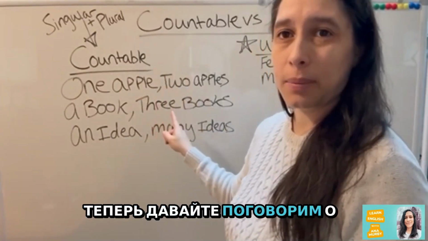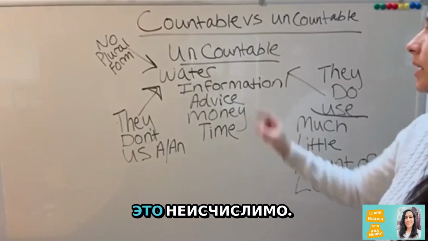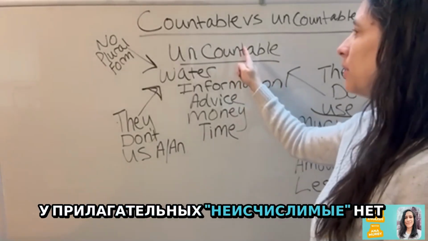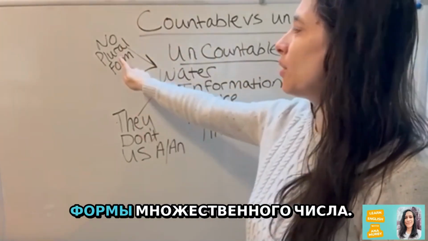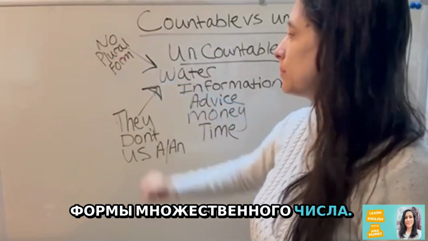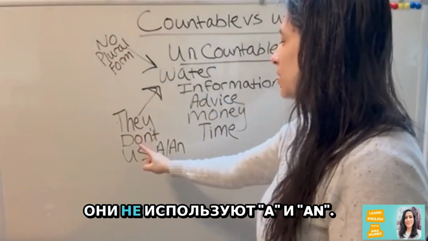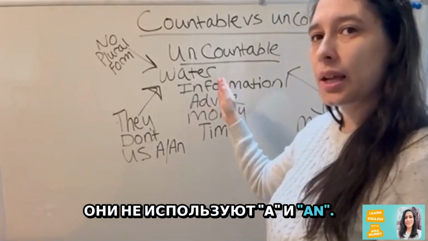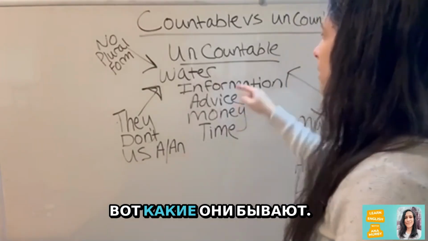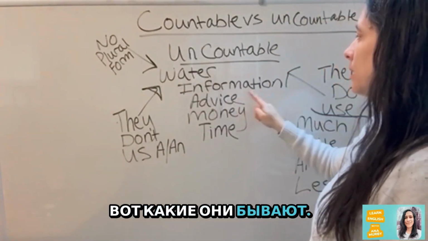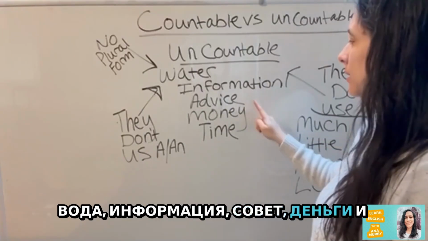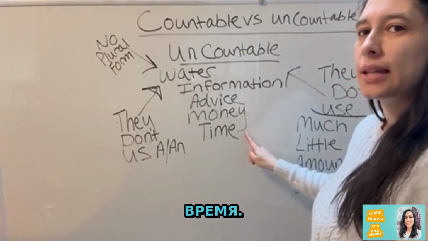Now let's talk about uncountable. For uncountable adjectives, there's no plural form. They don't use a and an. Here are the kind that they are: water, information, advice, money, and time.